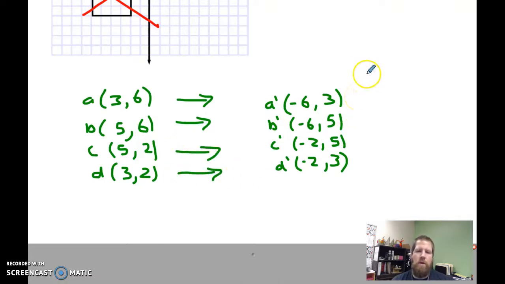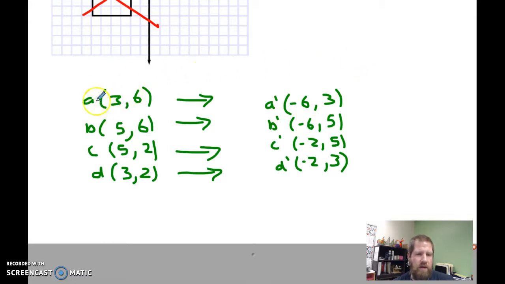What I'm looking for are numbers that are the same. If I can find numbers that are the same or opposite, then I'm going to know that I've gone through a rotation or a reflection, because a rotation and a reflection maintain those same numbers. It might move them, it might change the sign, but the number stays the same.